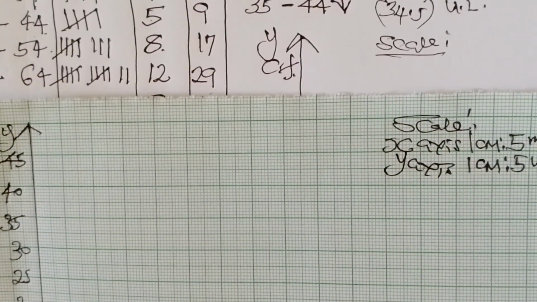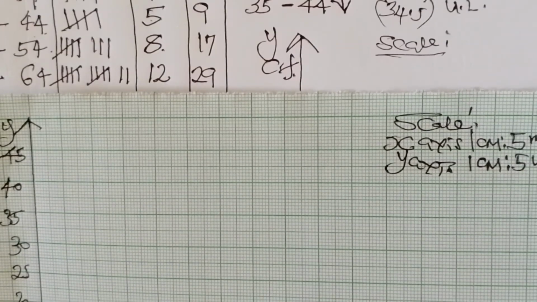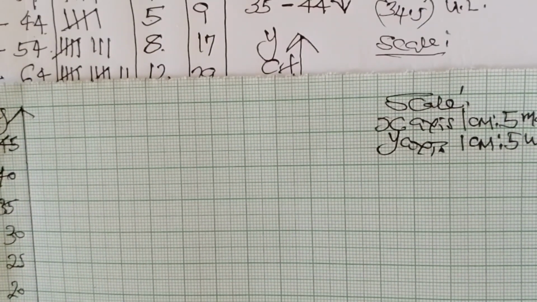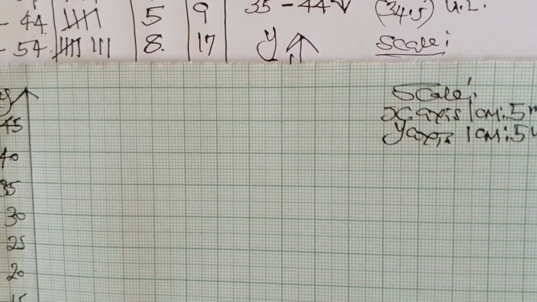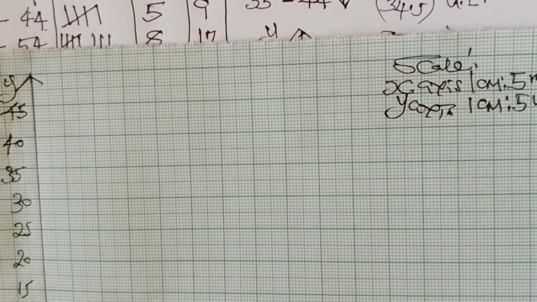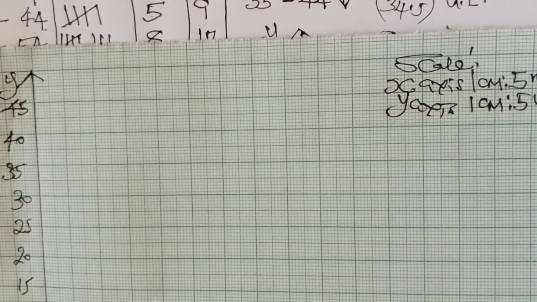Now 30.5 will be plotted against 4. 34.5 against 4. So on the y-axis, every 2 small squares will represent 1 unit.